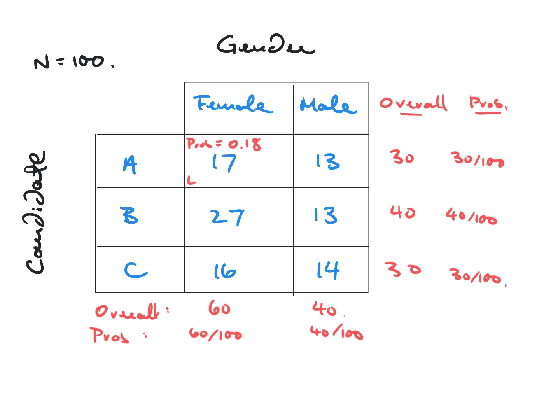In other words, the expected number is, we have 100 people, so 0.18 times 100 is 18 people.